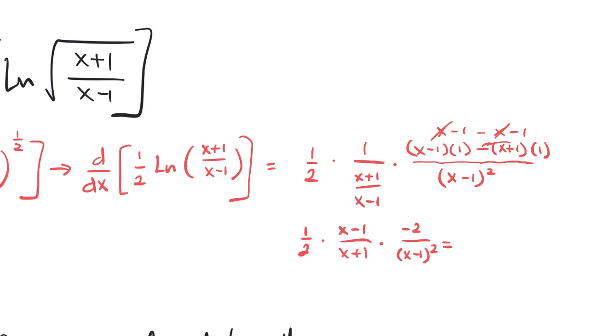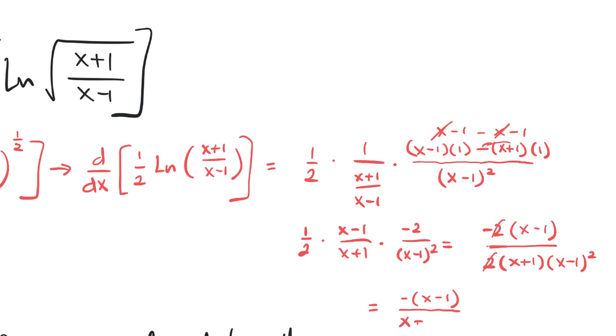So multiplying everything together, negative 2 times x minus 1 over 2 times x plus 1 over x minus 1 squared. The 2's can cancel. So we have negative x minus 1 over x plus 1 times x minus 1 squared.